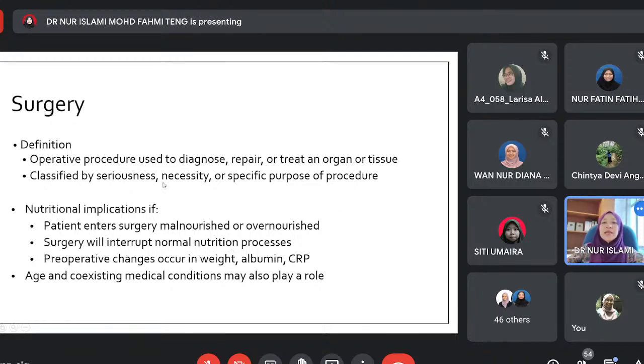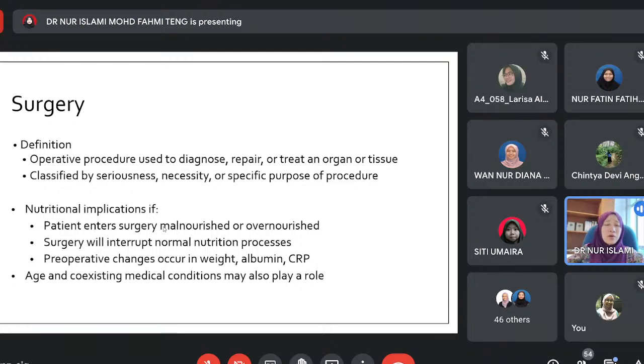Okay. So when a patient undergoes surgery, there will be nutritional implications, especially if the patient entering surgery is malnourished or overnourished. It is not only malnourished that is a problem, but overnourished as well.